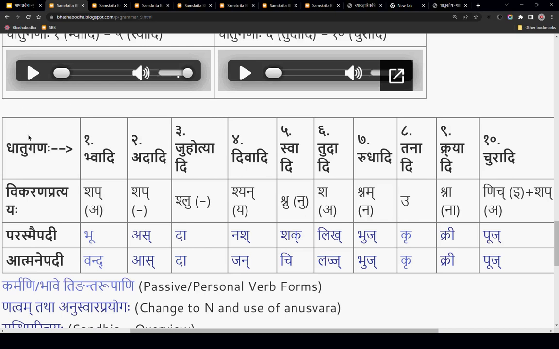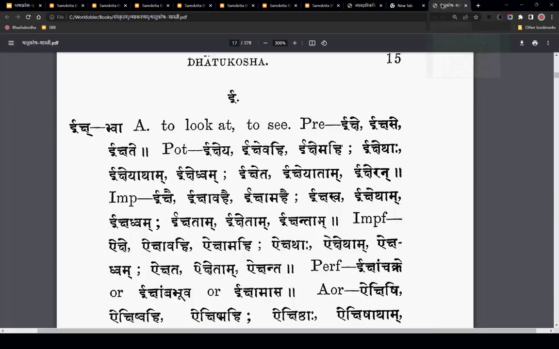So the dhatu gana is also important. It directly points you to the pattern of that kriyapada. Since the iksha dhatu falls in the bhvadi gana and is atmanepadi, we can assume it takes the pattern of the Vande dhatu, which we already saw. Iksha dhatu, bhvadigana, atmanepadi, means to look at, to see.